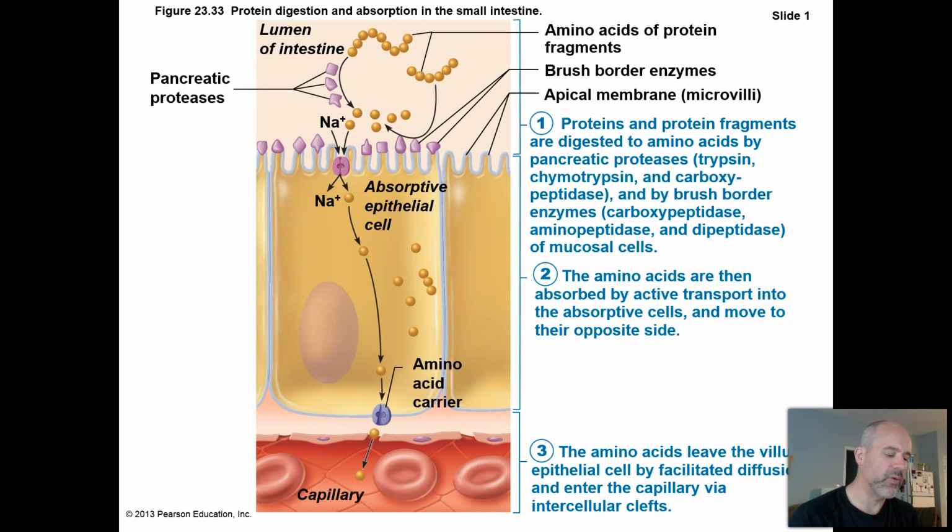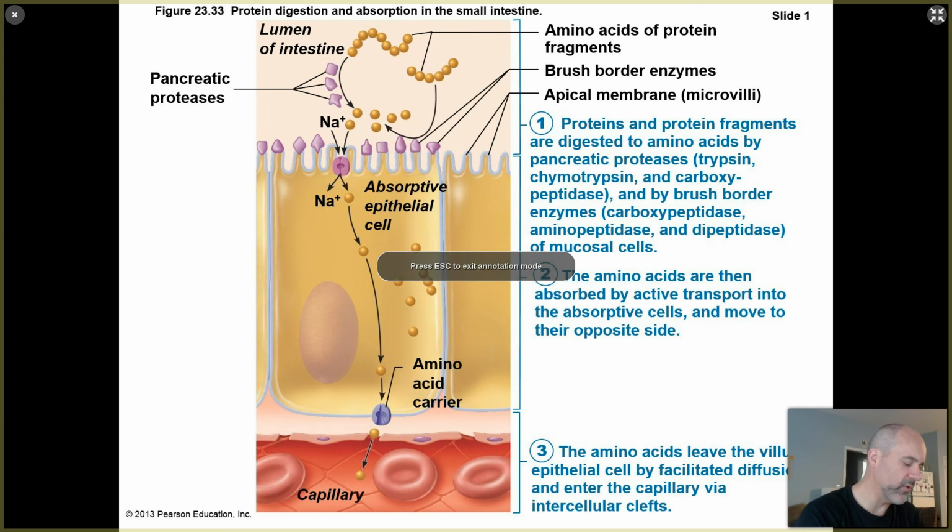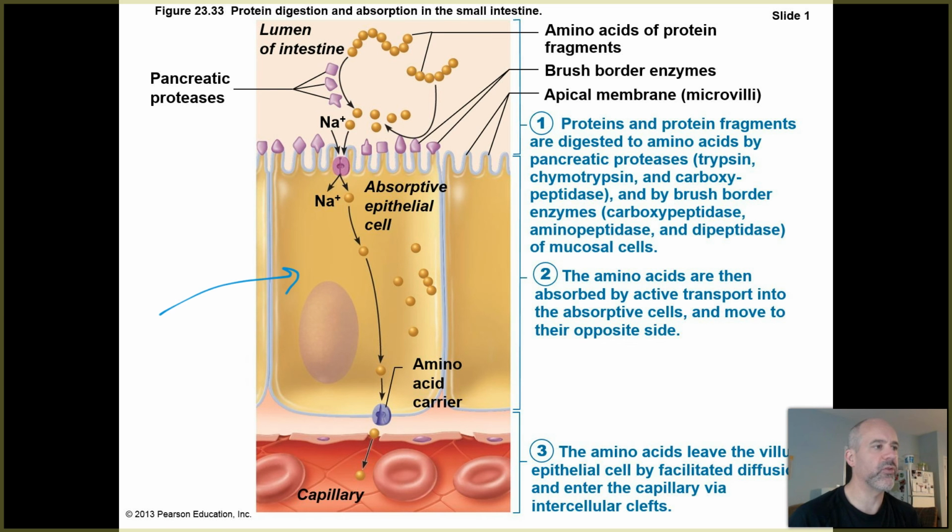Okay, this diagram from your textbook is showing you what's going on. These are the cells that line the lumen of the small intestine, the epithelial cells. And they're showing you just like what we talked about with the carbohydrates. These are your short chains of amino acids, your almost completely digested proteins.